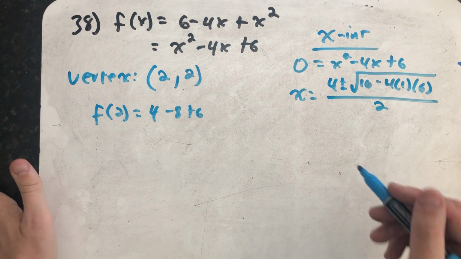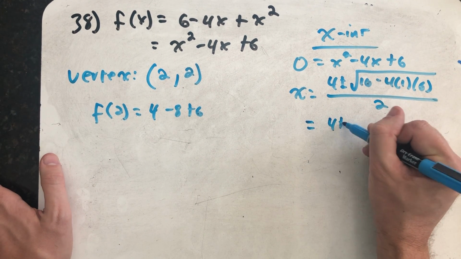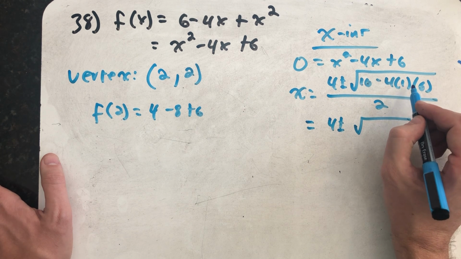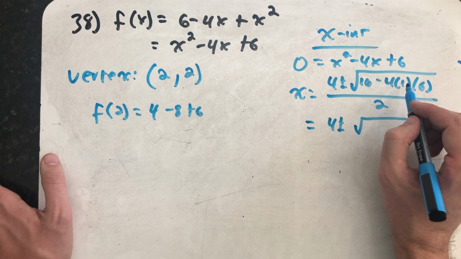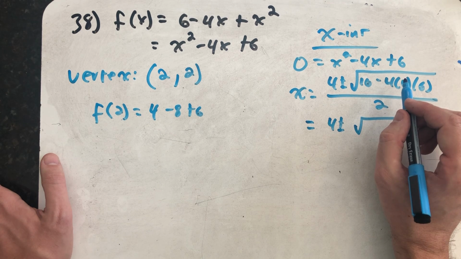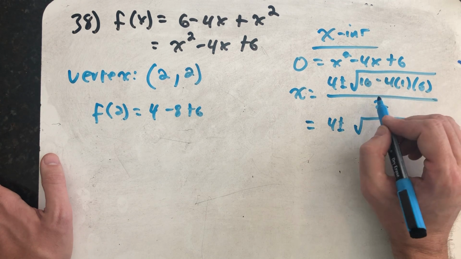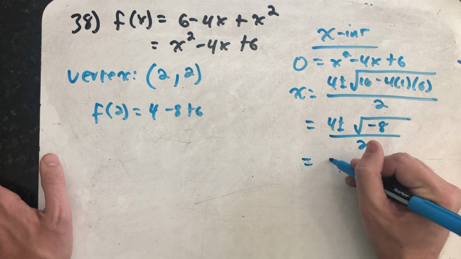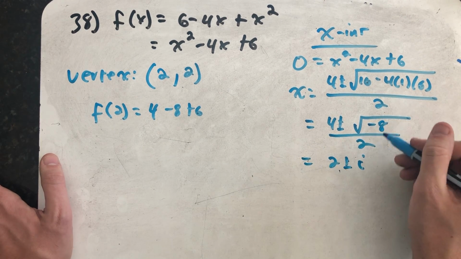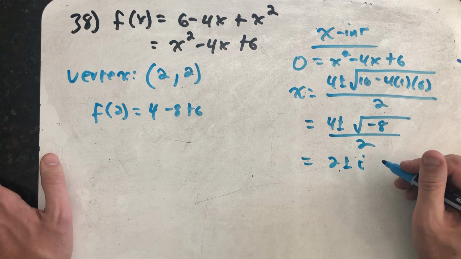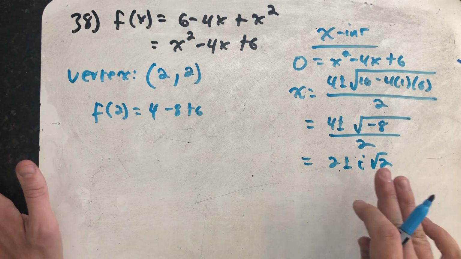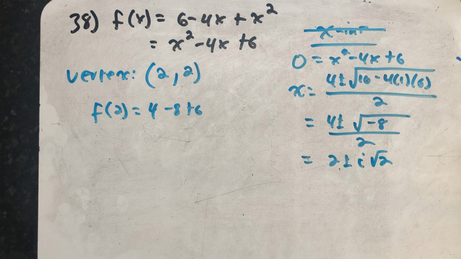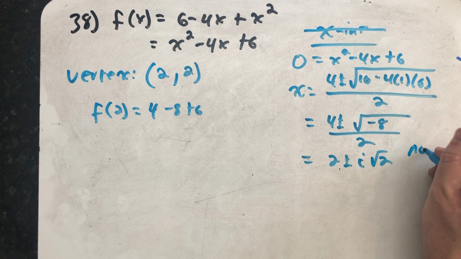But just for the practice, I'm going to write out what I get. 4 plus or minus the square root of 16 minus 24, minus 8, over 2. 2 plus or minus i, and that would be 2 root 2 divided by 2, so just a root 2 there. These complex numbers are not x-intercepts. They are solutions, but not x-intercepts, so this has no x-intercepts.